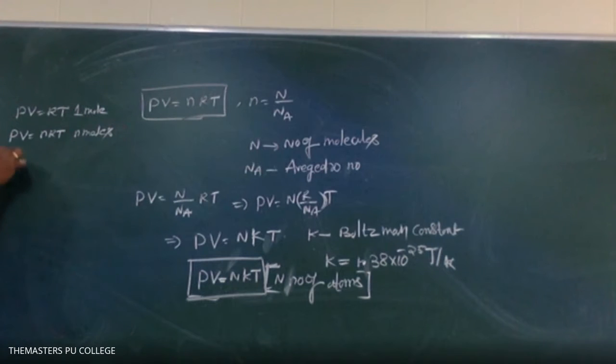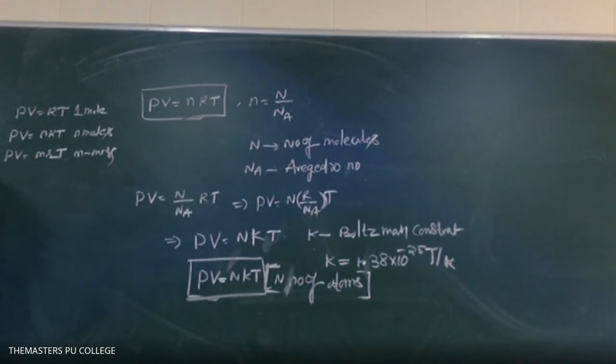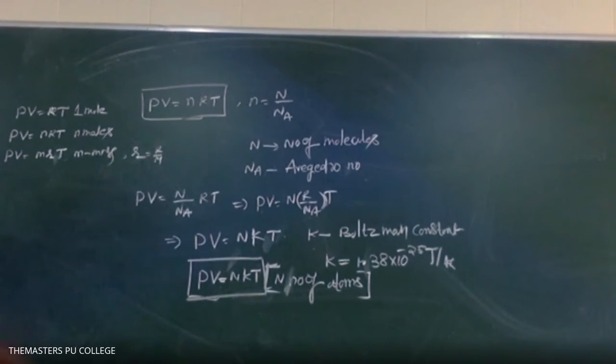Thereafter, PV equals mrT, for m mass of gas. Here R is the universal gas constant, and here small r is the specific gas constant. That small r equals capital R by M.